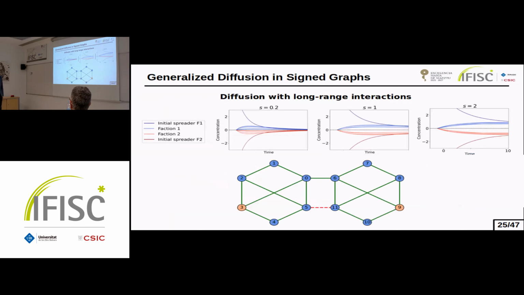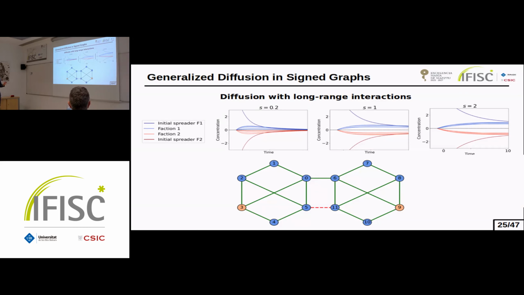The test network that we used is this one, which is unbalanced, but has a very modular structure. And what we observed is that the parameter S has a very strong effect on the long-time dynamics. When S is large, so when we don't have long-range interactions, we reach this dissensus in which all states converge to opposing states.